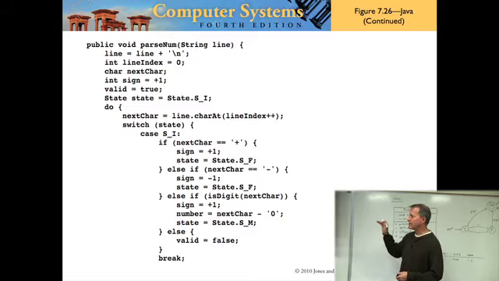Let me say that again. It's a switch statement on the state with a case for each state and a nested if within each case. Does everybody see how that works? And if you deviate from this, you are in big trouble. Not from me, but your code will start to get extremely complicated very fast.